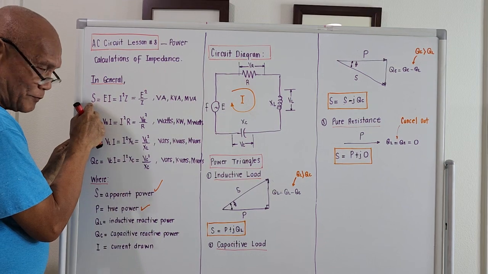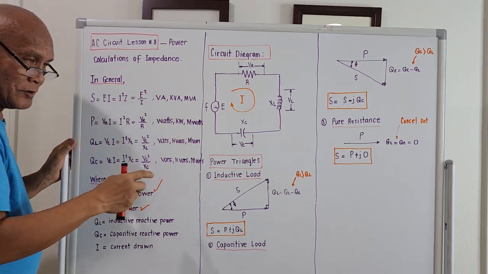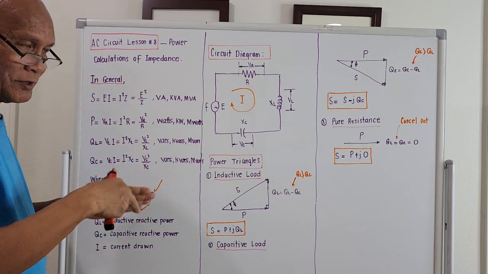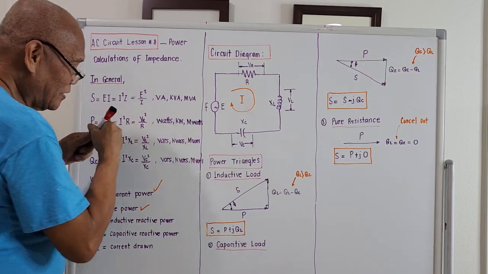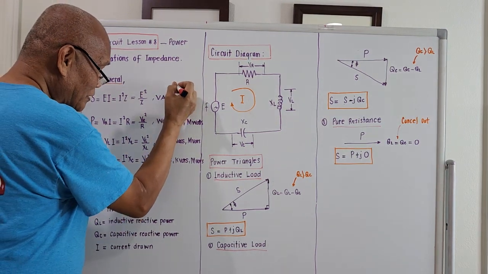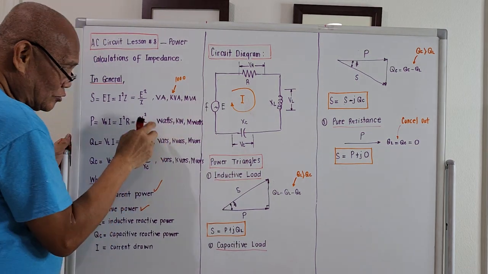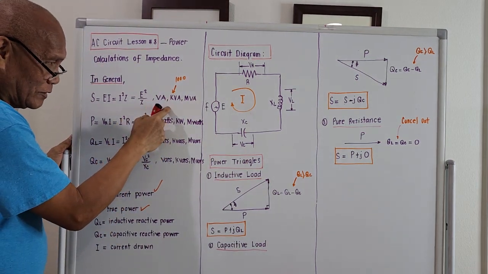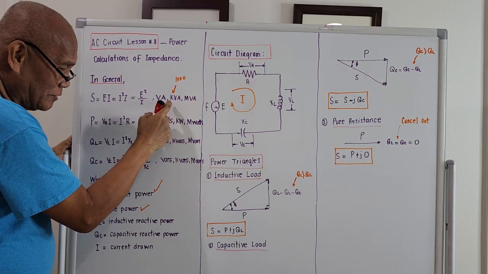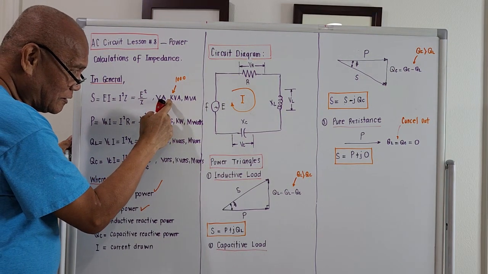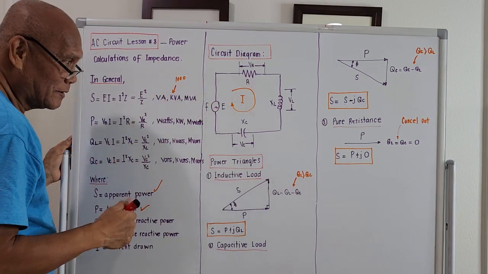So the unit of apparent power will be volt ampere, or if you have a multiple of 1,000, this K here will represent 1,000. So if you have a volt ampere which is preceded by letter K, the meaning of this is that kVA means 1,000 volt ampere.